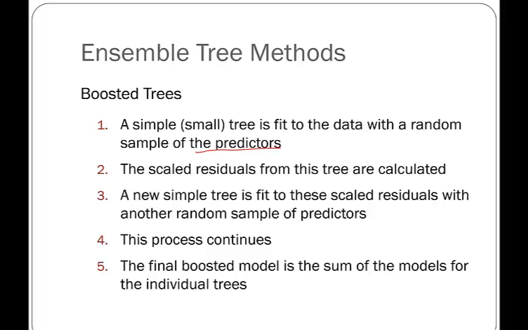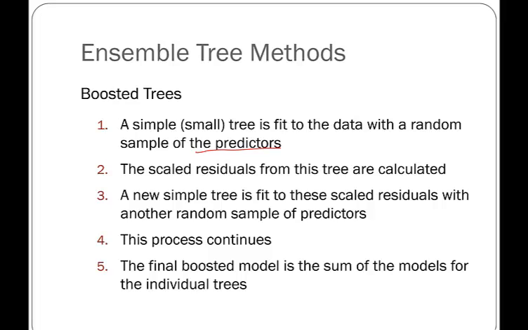Take the residuals from that and do it over and over again, and then the final boosted model is just the sum of all those models for the individual trees, and that has some implications in interpretability. CART methods are supposed to be transparent, easy to understand, but once you get into this boosted trees methodology, you lose that ability, and it becomes more like the black box approach of the neural networks.